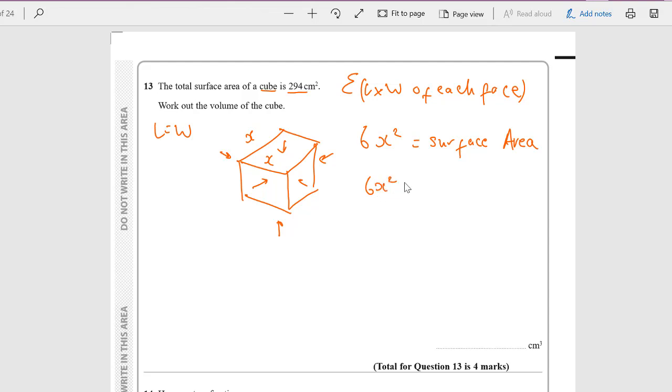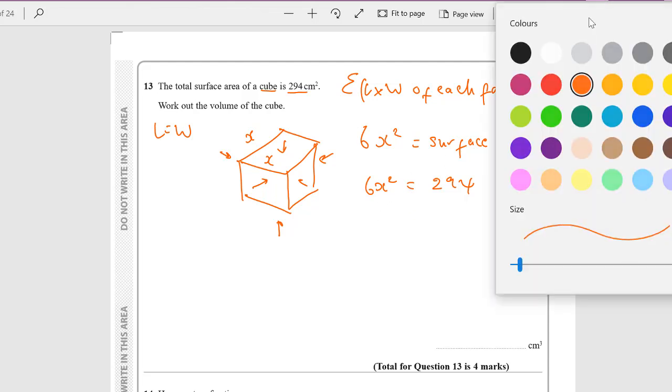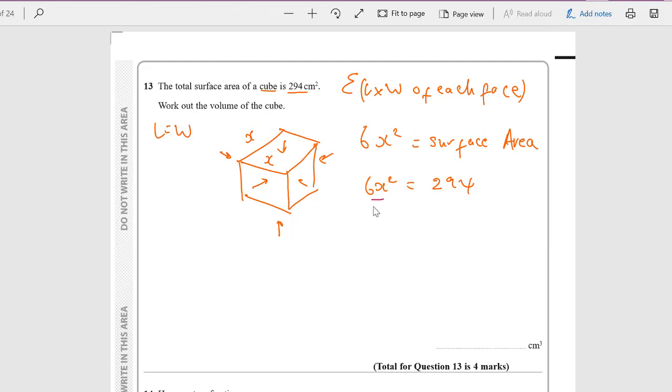So 6x squared equals 294. Well, the next thing that we have to do is we want to make x the subject. So we divide through by 6. So we'll get x squared equals 49.